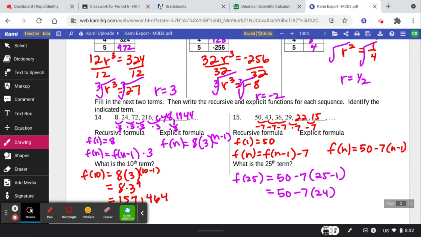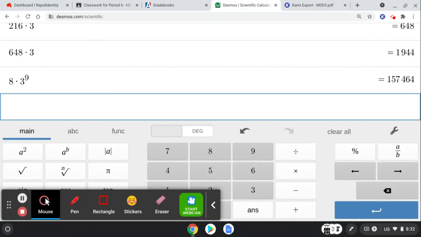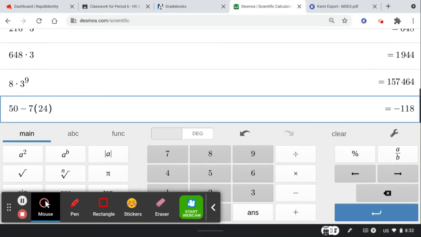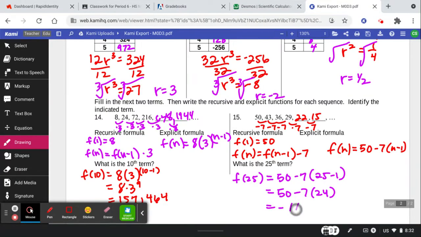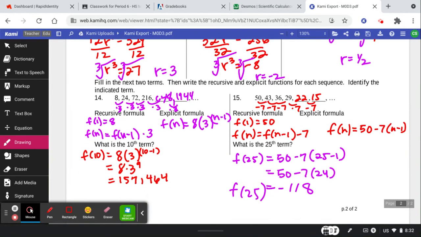Or 7 times 24. So we're going to get negative 118. All right, how'd you do on these?